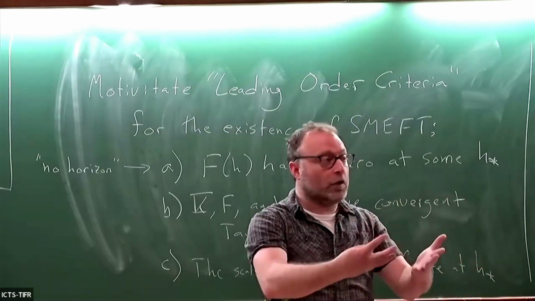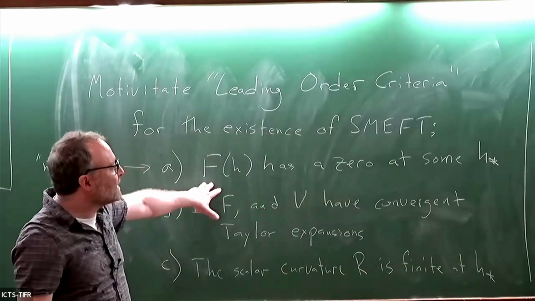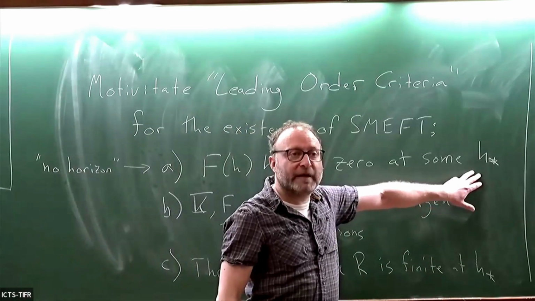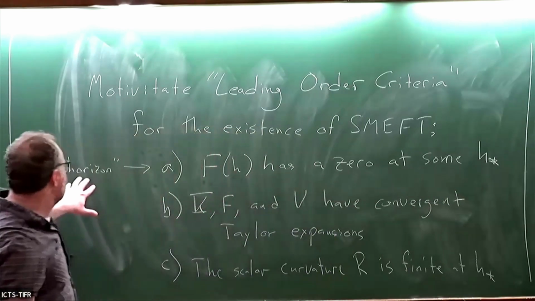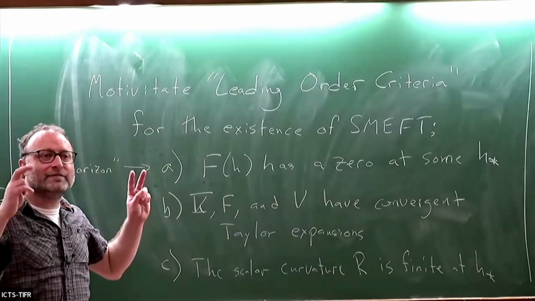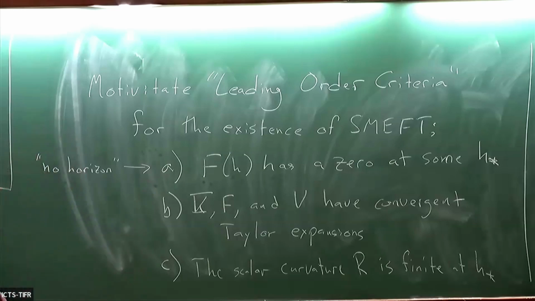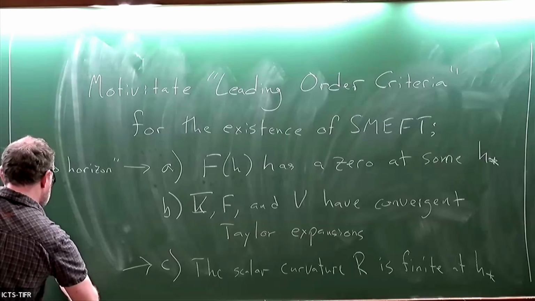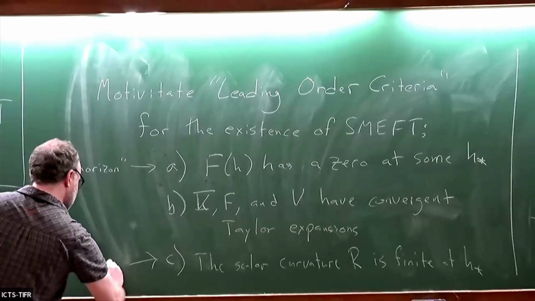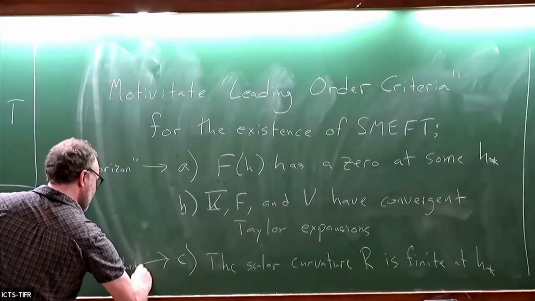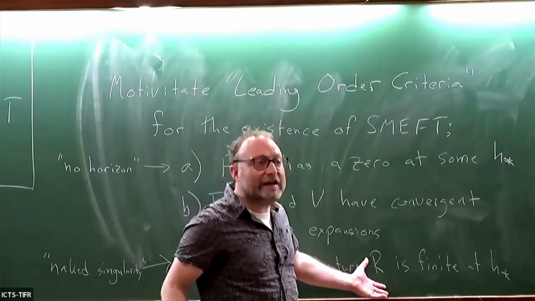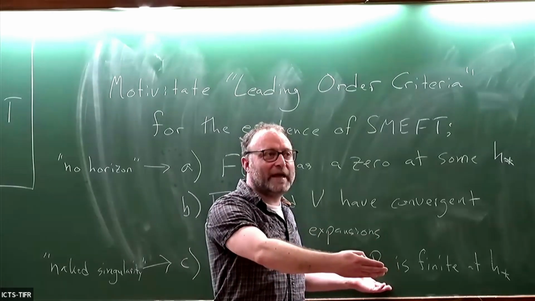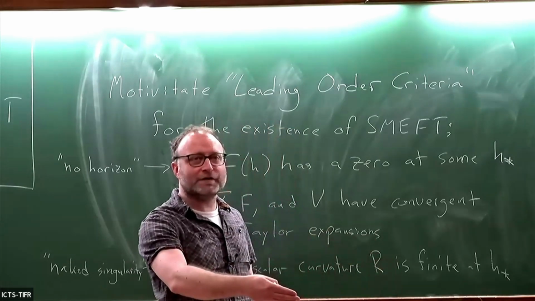So the physical picture is that you can't access the origin in field space where electroweak symmetry is restored just with little h, okay? So we say that's kind of like having a horizon, right? And then this is kind of like a naked singularity. Okay, right? This is saying that even if you could get to the origin in field space, when you get there, the curvature explodes, right?